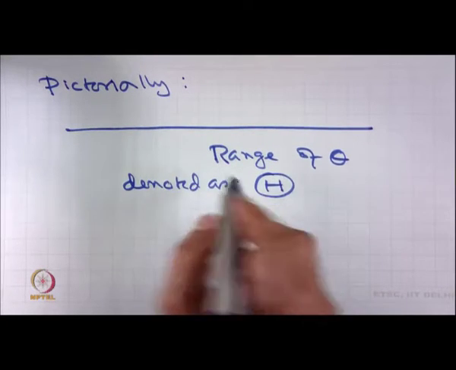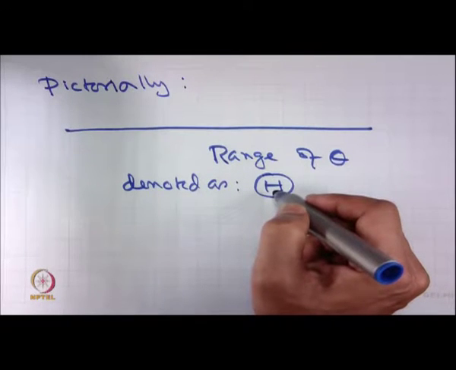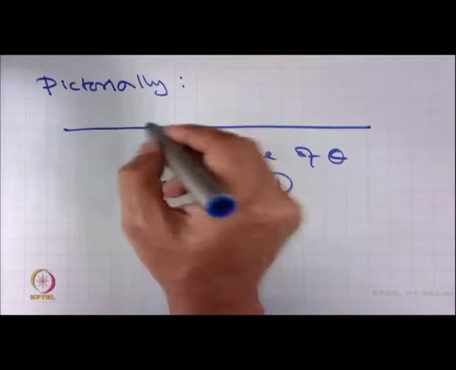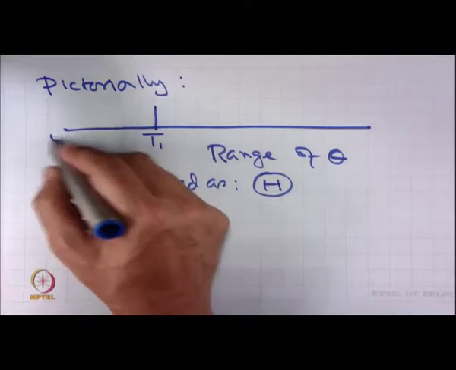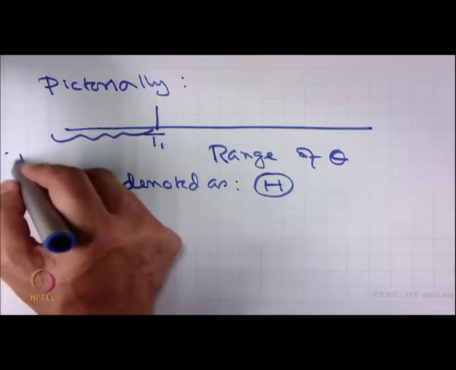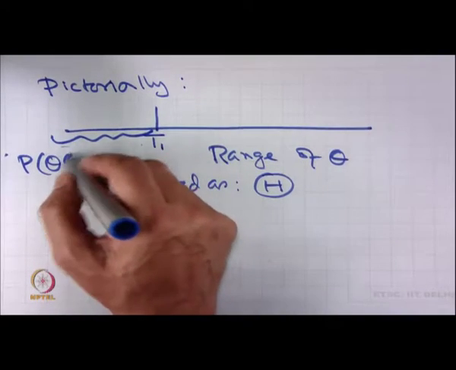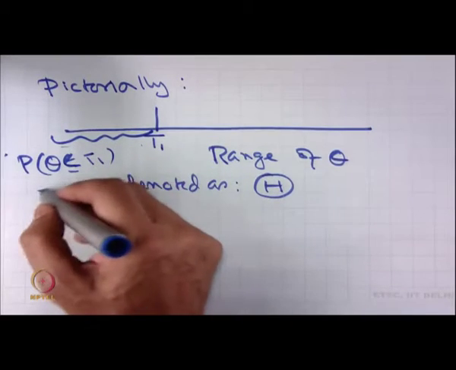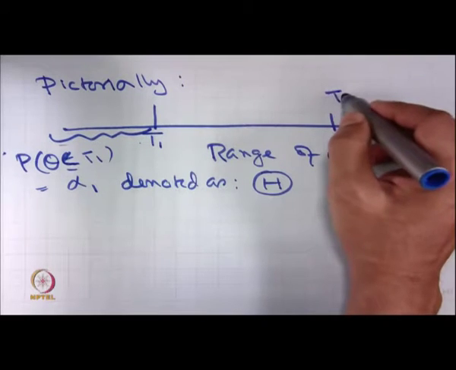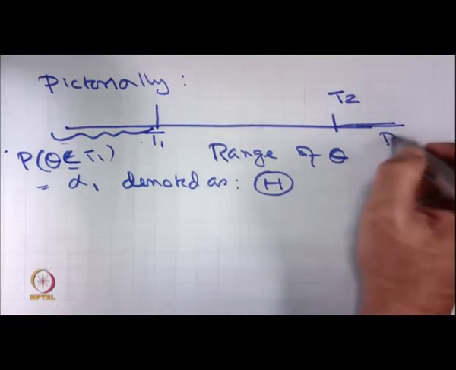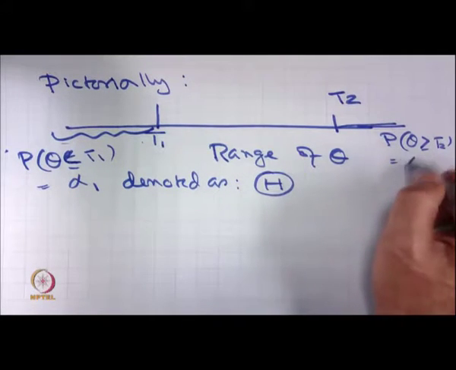Depending upon the distribution and the parameter, the theta will change, but suppose we have T1 here such that probability theta less than or equal to T1 is equal to alpha 1, and suppose this is the T2 such that probability theta greater than or equal to T2 is alpha 2.